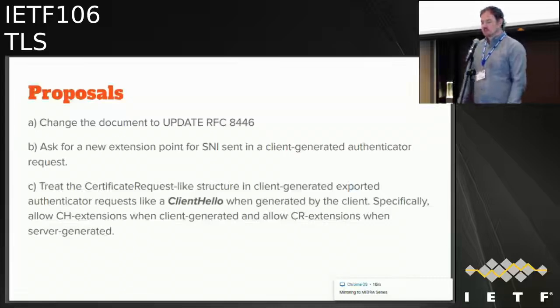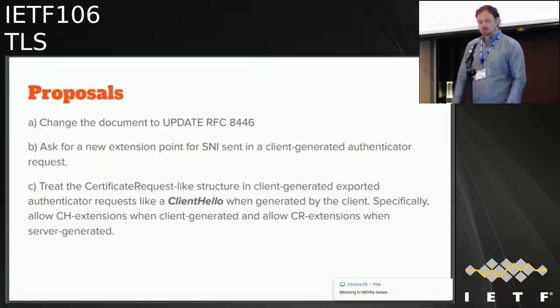The other suggestion is to spin out a new extension point for SNI. That is basically an extension point that says this is an SNI, but it's in a certificate request, not an SNI that sits in the client hello. That seems like it also might be a bit of an anti-pattern.